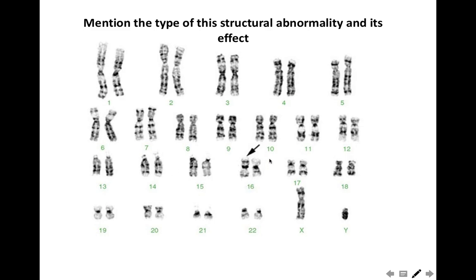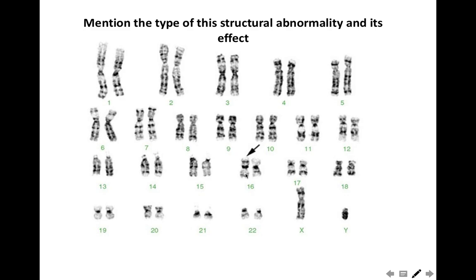We come here, there is a problem with this chromosome. You can see here this is the short arm of chromosome 16. This is the long arm of chromosome 16. If you look at this, you will find the dark band here has moved up, right? And this is pretty similar to here.